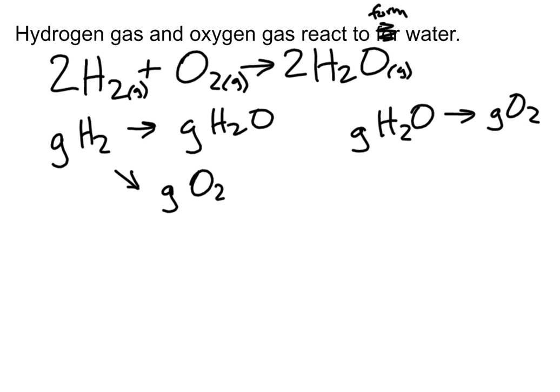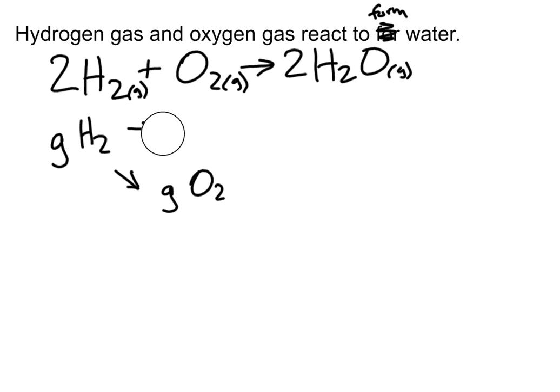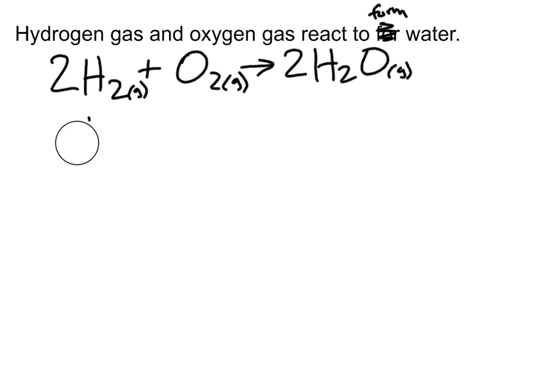There's a wide variety of different things that you can do with stoichiometry, once you realize that you have the balanced chemical equation and you know what the molar ratio is. Of course, there's one key factor. If I'm going from moles of one thing to moles of another, like moles of hydrogen gas to moles of water, all I need is the molar ratio.